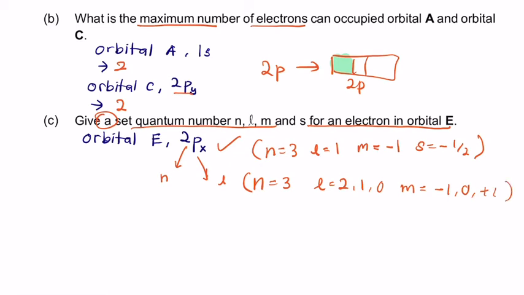Okay. Sebab apa? Dia first dia minta for an electron. So dan dia minta dekat sini a set. Okay. So kalau macam ni dah banyak dah. Yang ni dia dah refer kepada D, P and S. Tapi dekat sini dia dah fokus dah 2px. So P mesti L equal to 1. And X satu sahaja orientation.